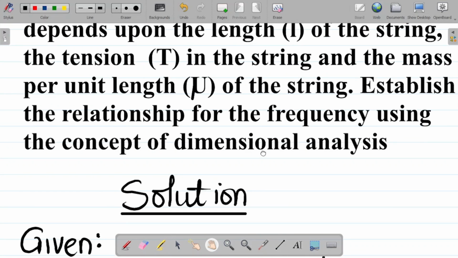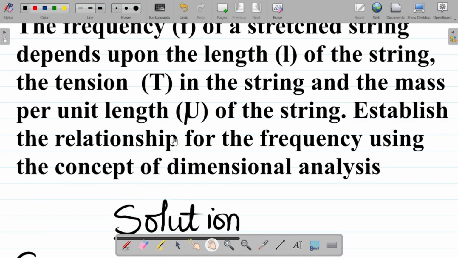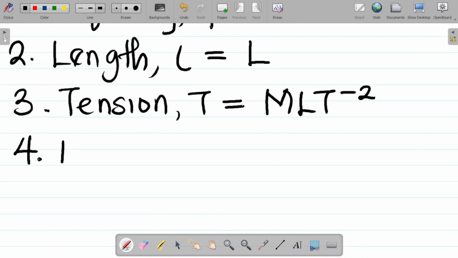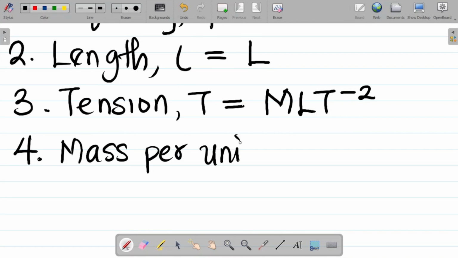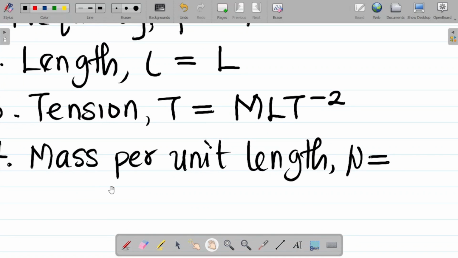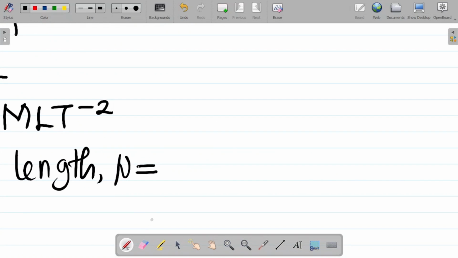The last thing we're given is the mass per unit length, mu. Now, mu is self-explanatory. It is simply equal to mass over length.